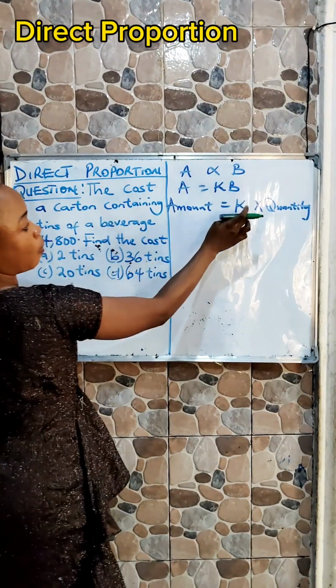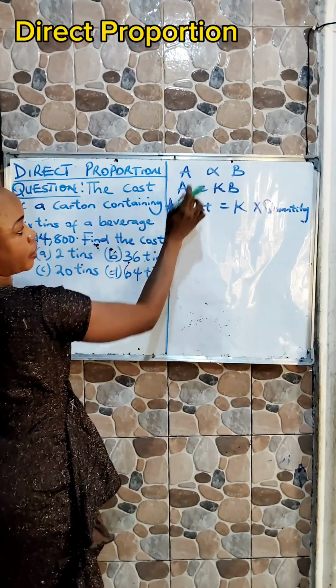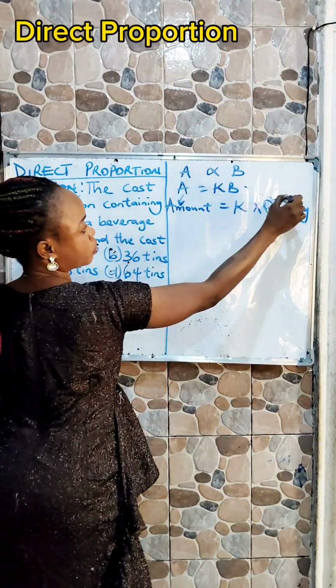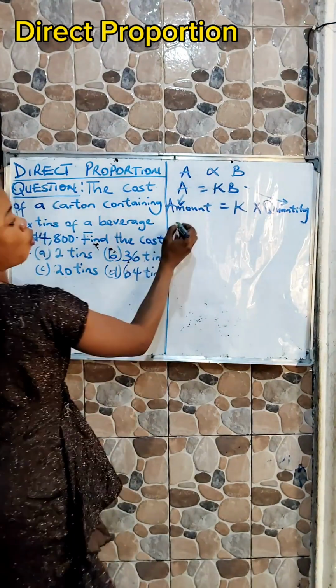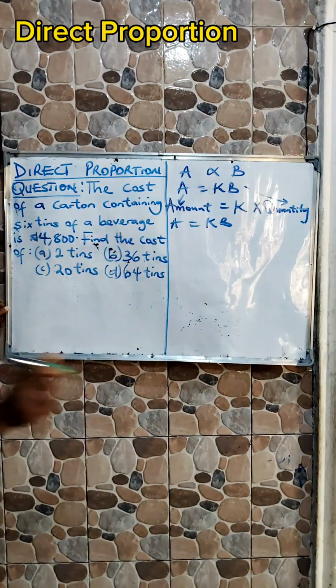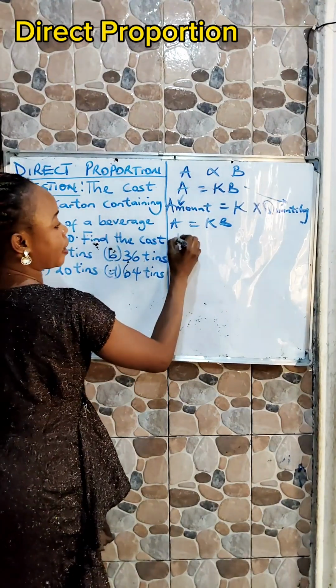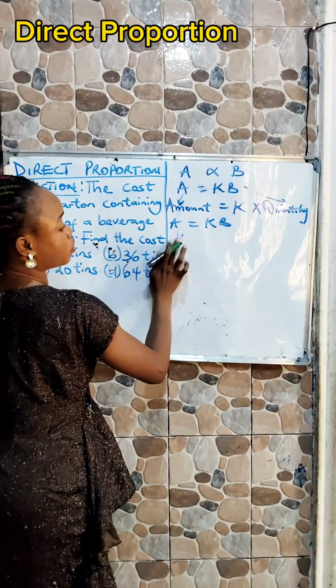So how do we know our K? Don't forget, A is the amount here, and B is the quantity. So A is equal to KB. The first thing you need to do is to make the constant of proportionality the subject of the formula.